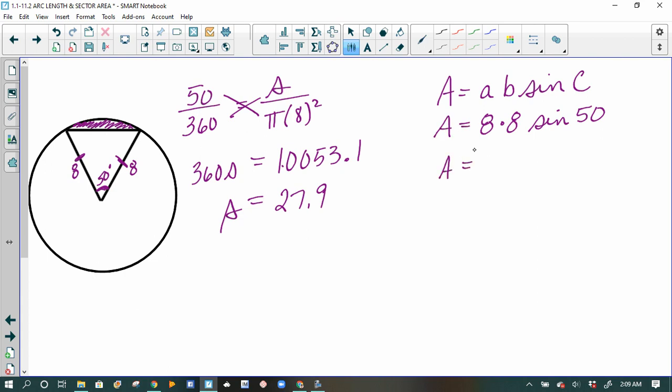So 64, make sure you're in the degree mode on your calculator. So 64 sine 50, and it's 49. So this is the area of the sector, this is the area of the triangle.